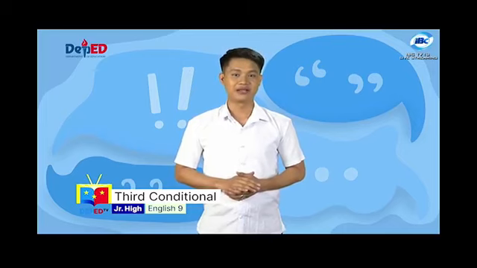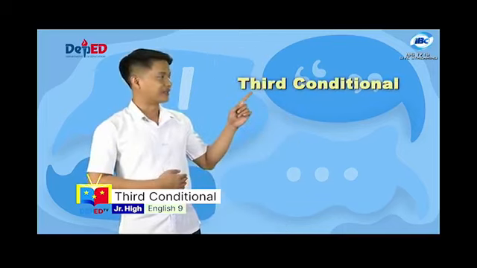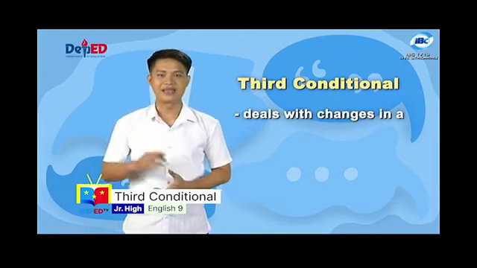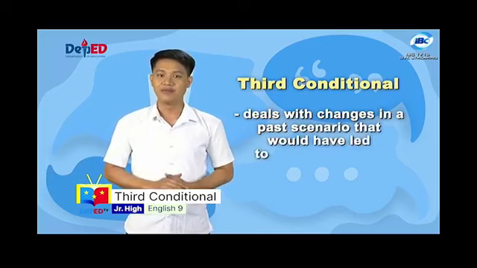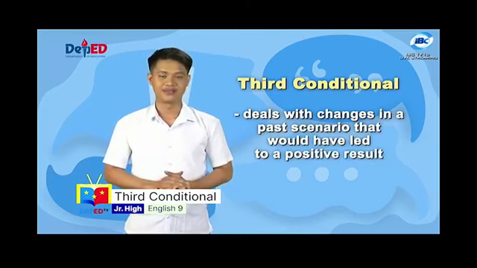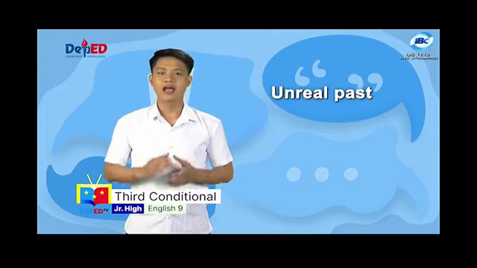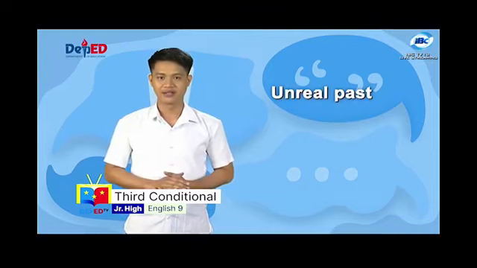The last conditional is the third conditional. We use it in dealing with changes in the past scenario that would have led to a positive result. It talks about an unreal past, a past that did not happen.